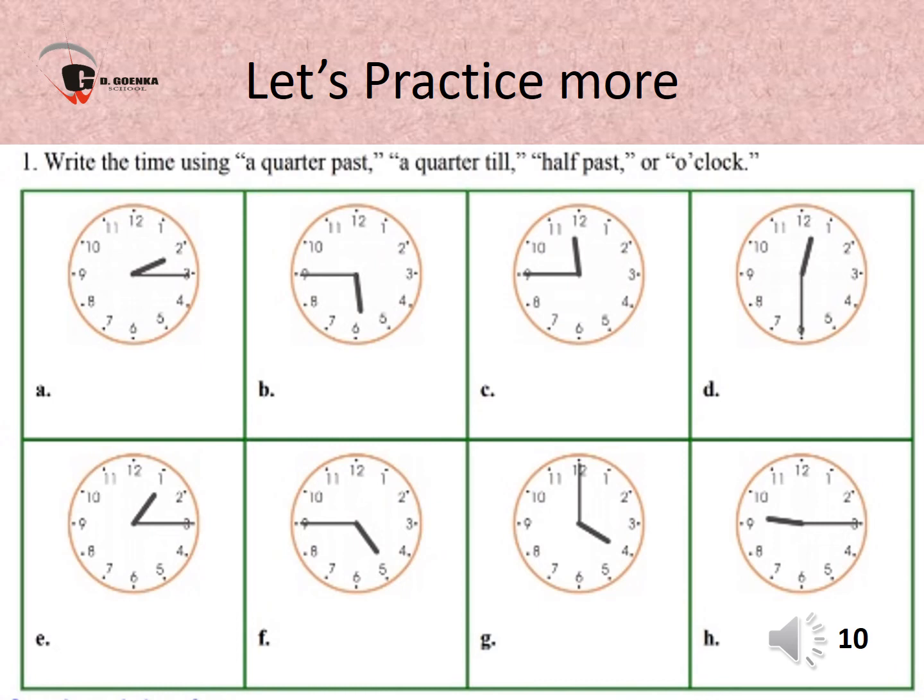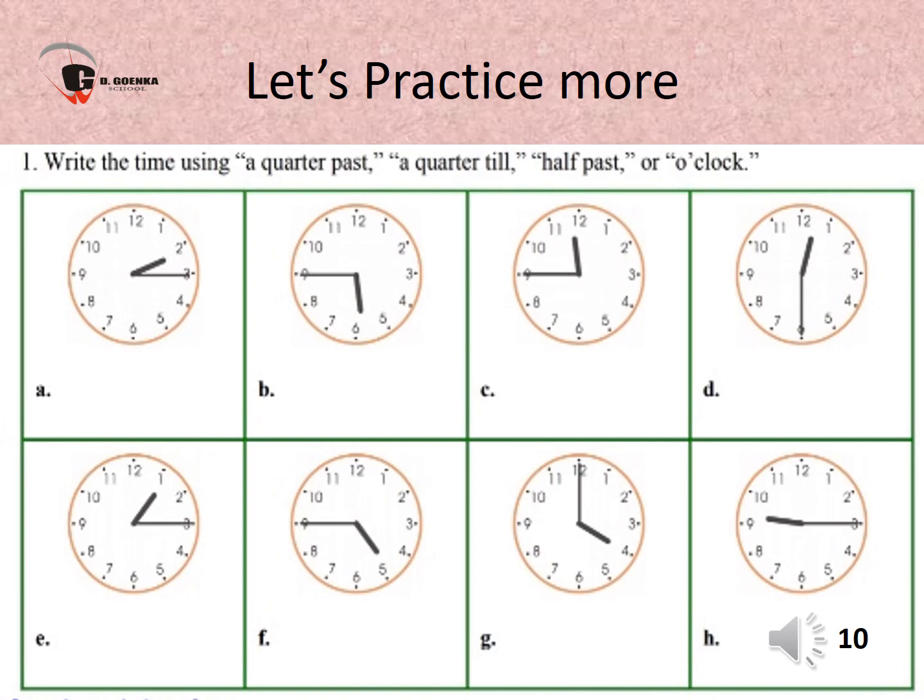Yes, the time is 2:15. In part B, the minute hand is at number 9 and the hour hand is just behind number 6. So what is the time? Yes, the time is quarter to 6 or 5:45.